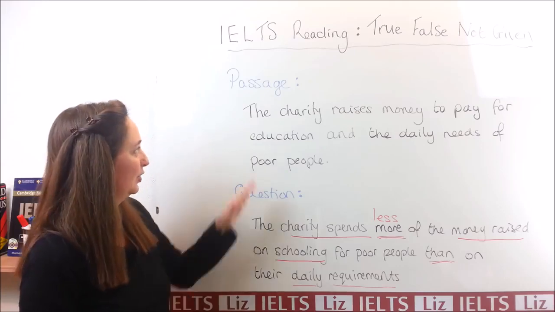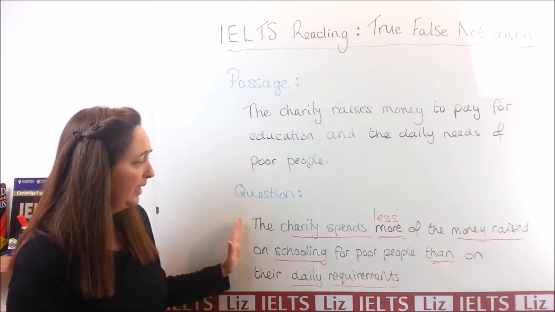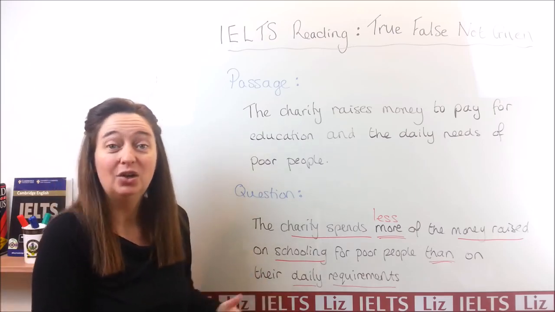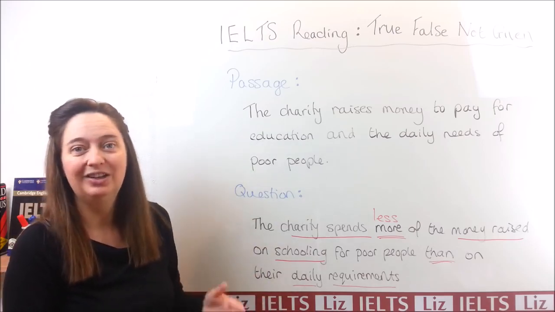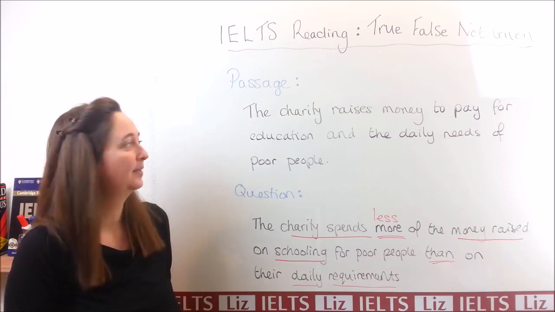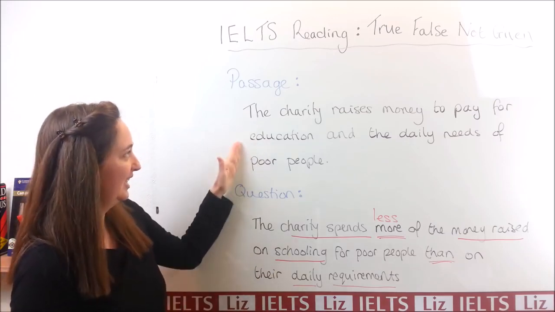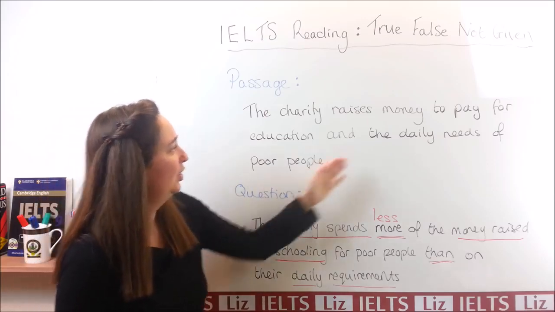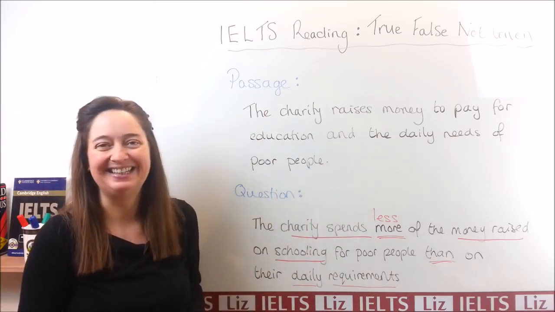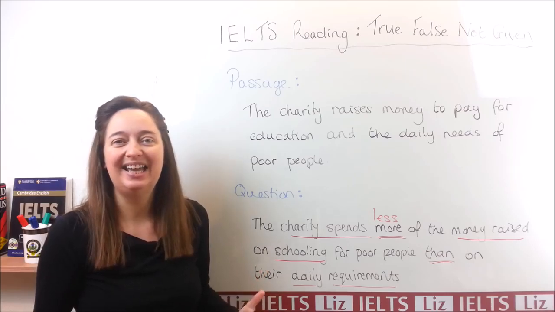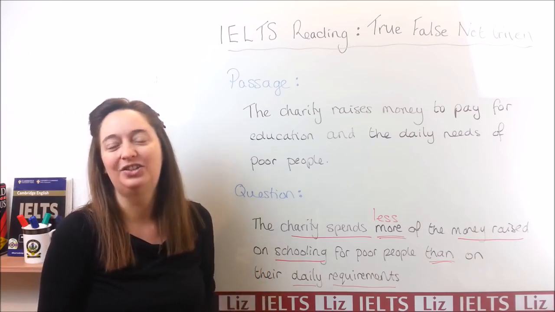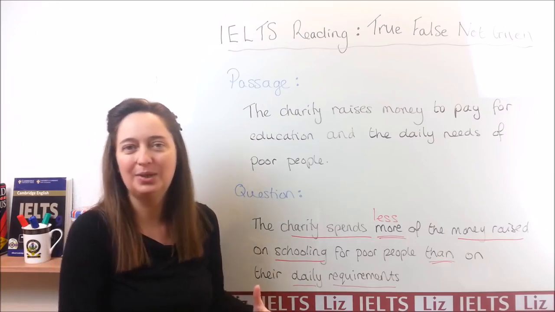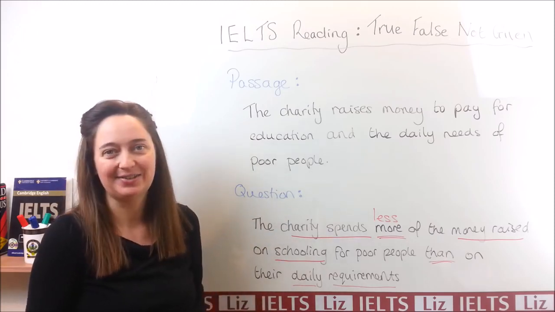So now we need to look at the statement. We need to know, does the charity spend more money on education or less money on education compared to daily needs? And if we look at this sentence, we've got information about education. We have information about daily needs, but it doesn't say which one the charity spends most of their money on. Which one is more and which one is less.